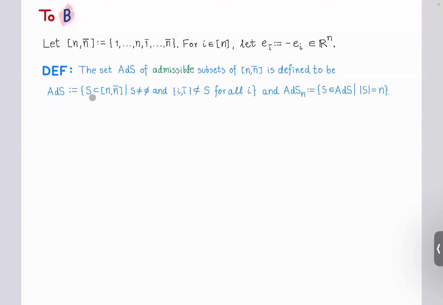So it's the subsets S of this set such that i and i bar are not contained in S at the same time. And yes, A_n here is the set of all admissible subsets of size n.